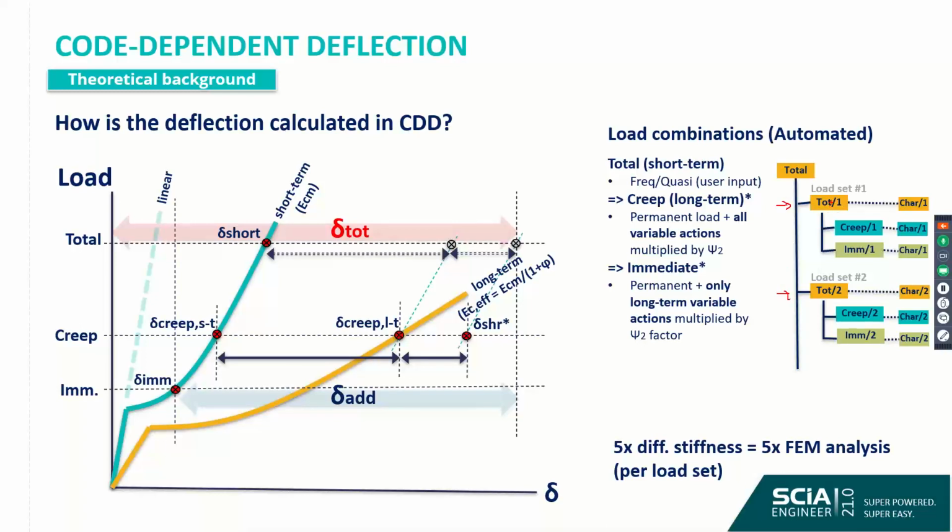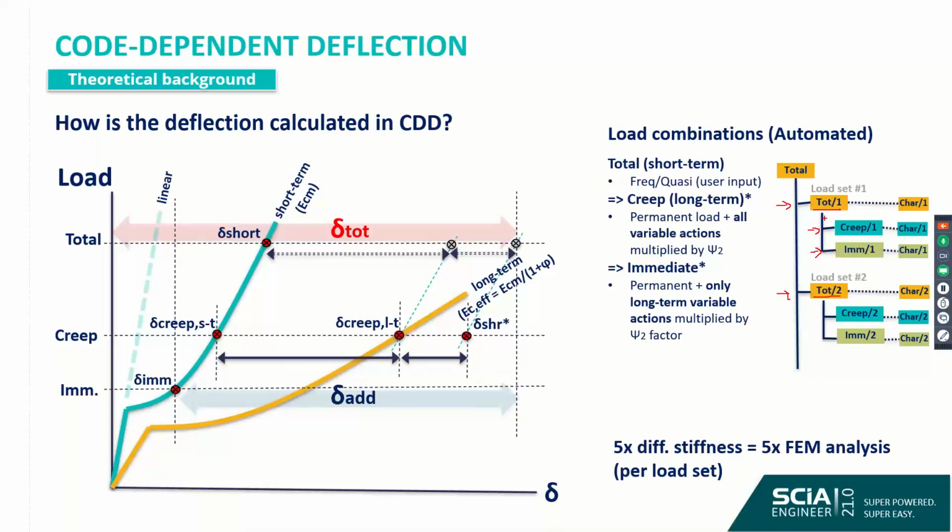And from this linear total combination is derived the necessary combination for creep using the psi factors for variable components, and the immediate combination, where the short-term and medium variable load is removed. And we do it for the first linear combination, second linear combination, and so on.